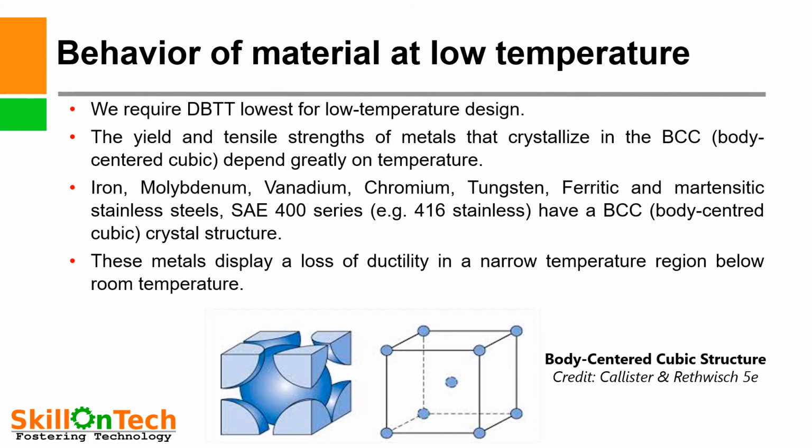So where BCC structures are in the material, they are not ductile materials because they behave in a brittle fracture manner. Iron, molybdenum, vanadium, chromium, tungsten, and ferritic and martensitic stainless steels such as the SA 400 series have a BCC, or body centered cubic, crystal structure.